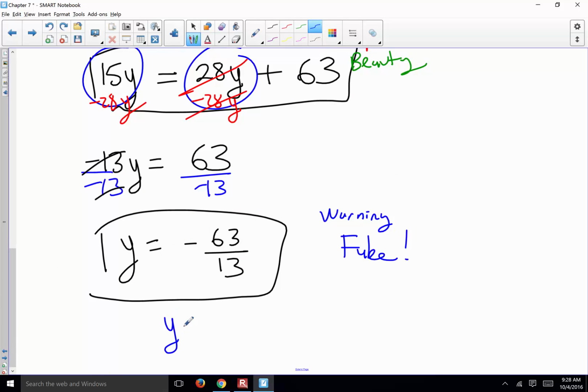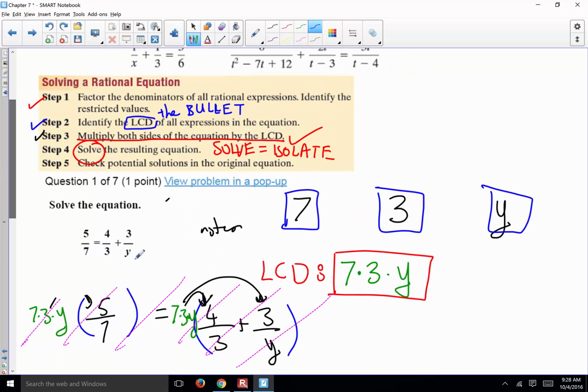For example, sometimes you may get y to be 0. Let's say we got y equals 0, and try y equals 0 in here. Can you guys compute 3 over 0? No. Put 3 over 0 in a calculator, it will say undefined. That's what I mean by fake. It may make the denominator 0.